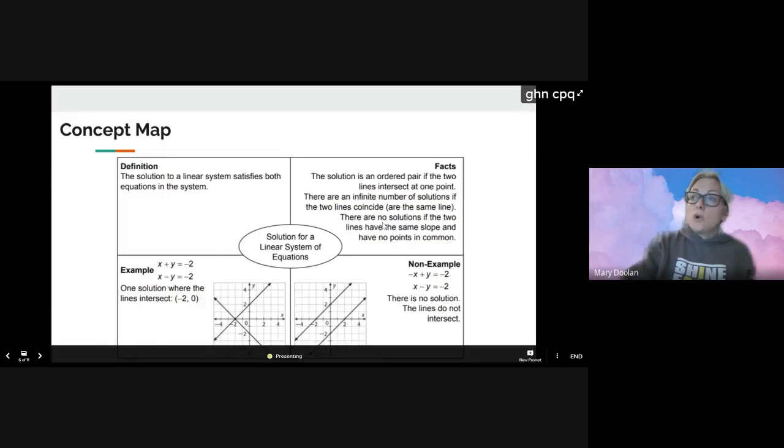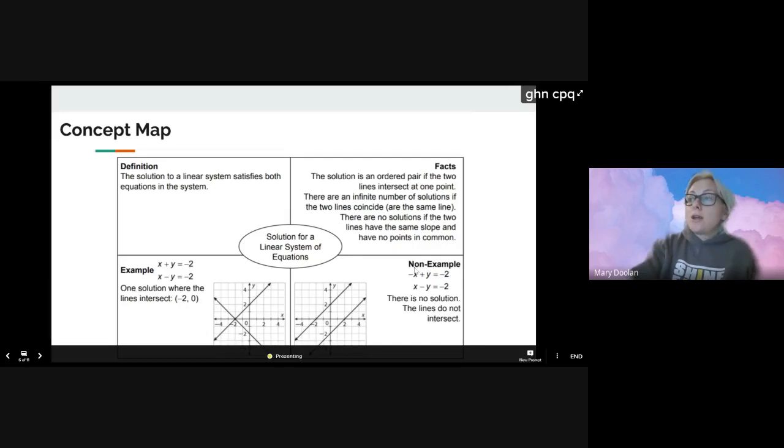There are no solutions if the two lines have the same slope and have no points in common. So if two lines are parallel, they have the same slope, and they don't touch, there's no point of intersection. They never cross, so there's never a solution.